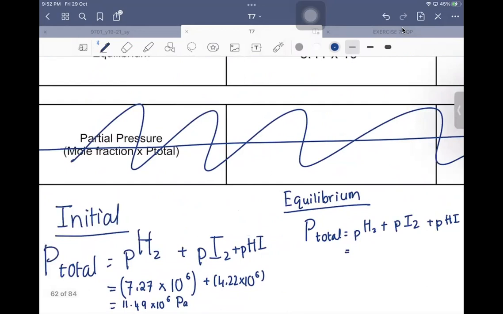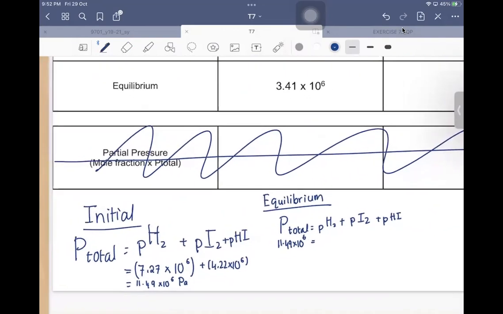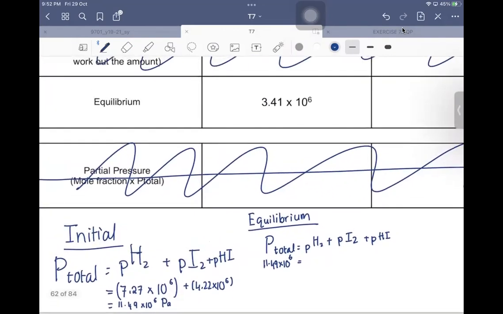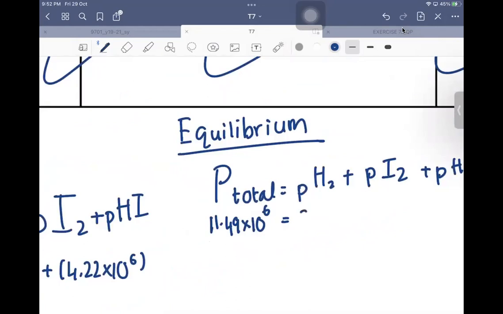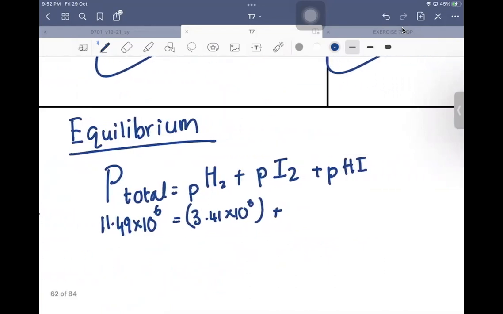So the P total is the same at the start and at the end. So you just add in the number. For hydrogen, it's 3.41 times 10 to the power of 6 plus iodine is what we want to find. You can make that as your X. Partial pressure of hydrogen iodide is 7.72 times 10 to the power of 6.